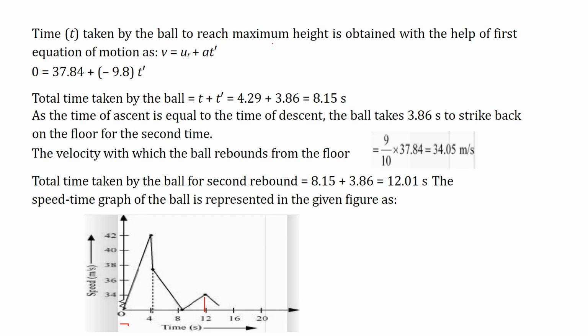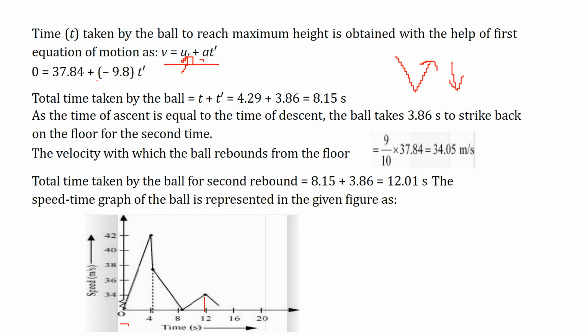Now the time taken by the ball to reach maximum height is obtained by the equation v equal to u plus at. Now the initial velocity we'll use as the velocity we have just found, that is 9/10 of 42 something. Acceleration is always 9.8, but in this case it first hits and then goes back, so now the direction has changed.